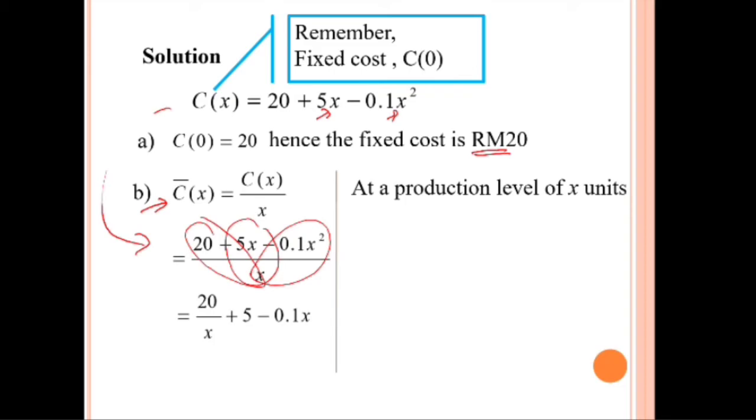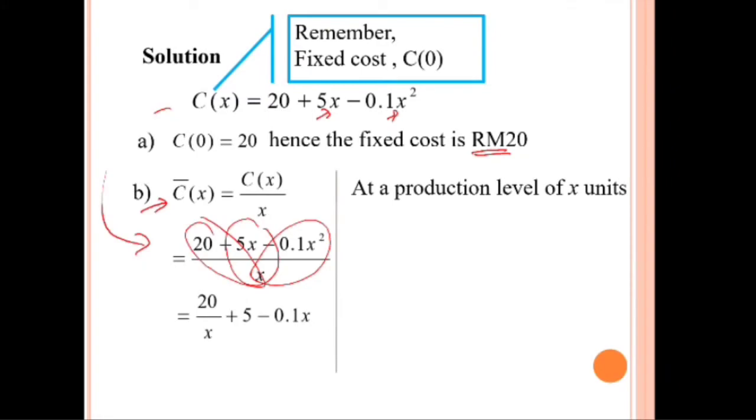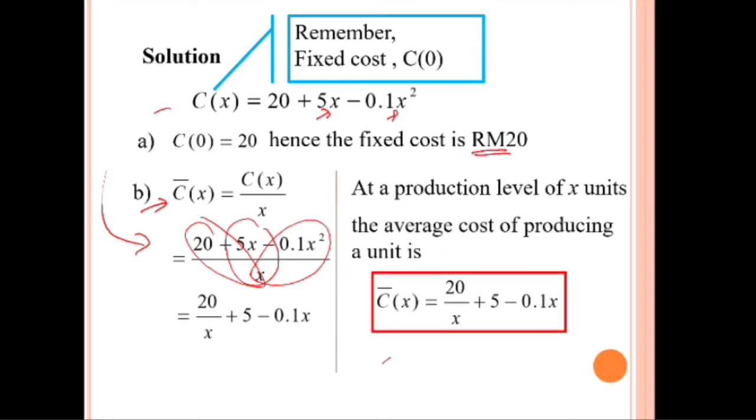The question wants you to interpret. So to interpret, you have to write something like this: at a production level of x units, the average cost of producing a unit is this formula. This means that no matter what number of units we are producing, to find the average cost of producing 1 unit, we just substitute that value of x into this formula.